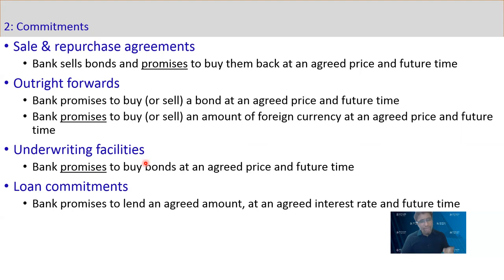Now, why is it off balance sheet? Because you just promise. If a company is going to go public next year, which means they want to file with the Securities Commission next year, then they want a bank from now to promise that they will buy their stocks, the initial public offering.